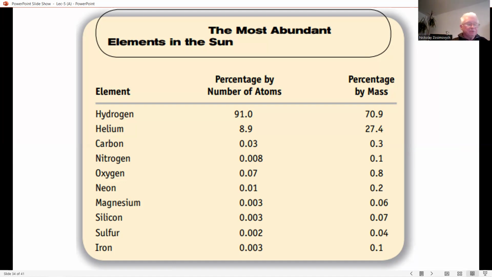About 91% of the atoms are hydrogen, and 8.9% are helium, with small traces of heavier elements, as you can see in this table. You will use these results in later lectures when you study the life stories of the stars, the history of our galaxy, and the origin of the universe.